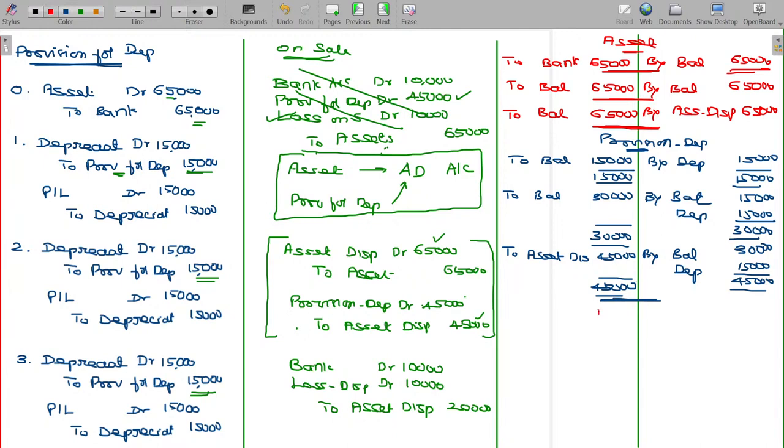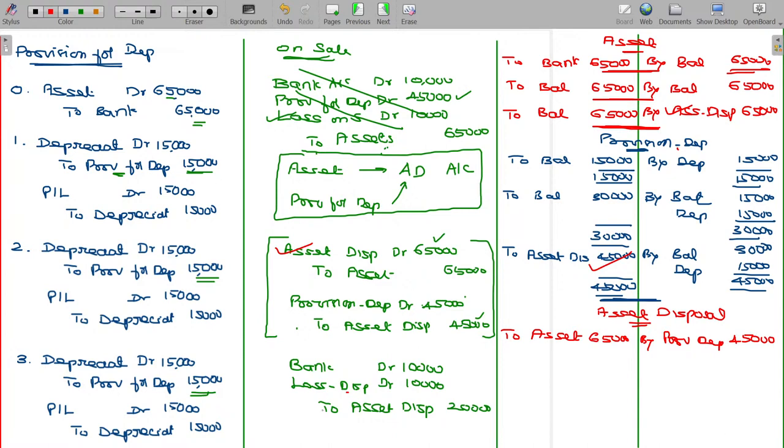Now we have to open one more account called asset disposal account. Whenever we dispose of an asset, I transfer from that asset account to asset disposal. So to asset, the value being 65,000. If there was a provision for that asset, we transfer that provision fully. This provision by provision for depreciation, the value being 45,000.